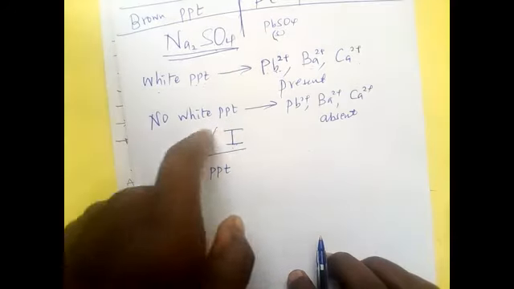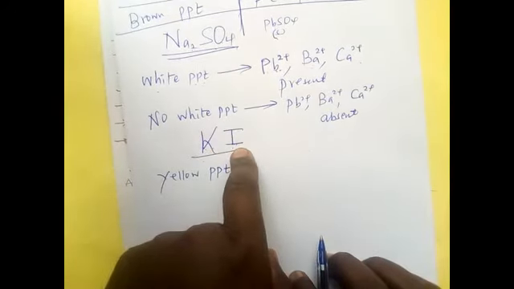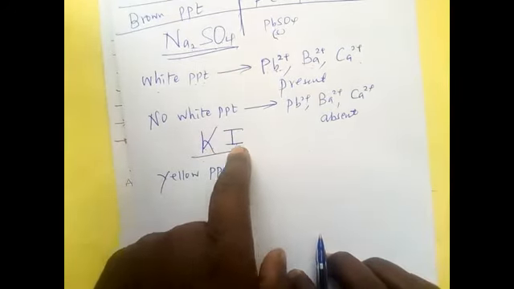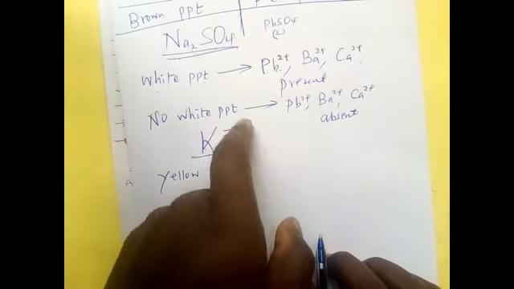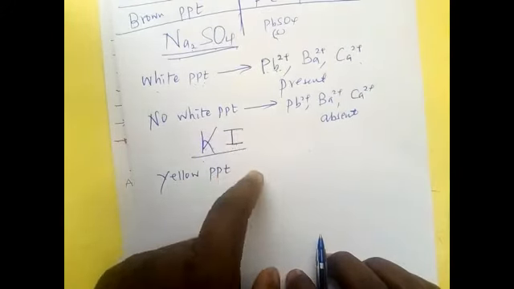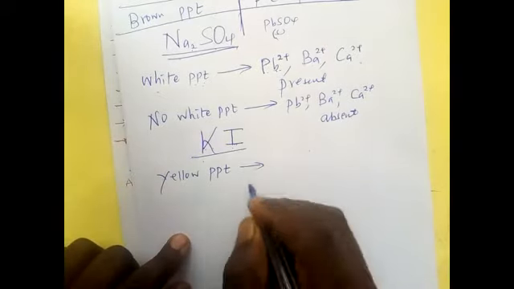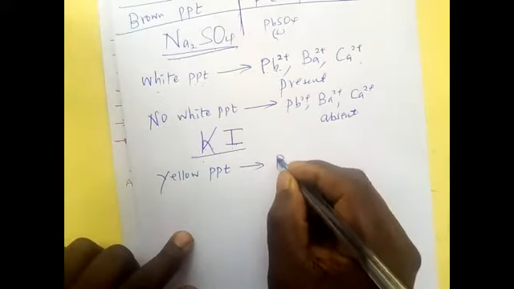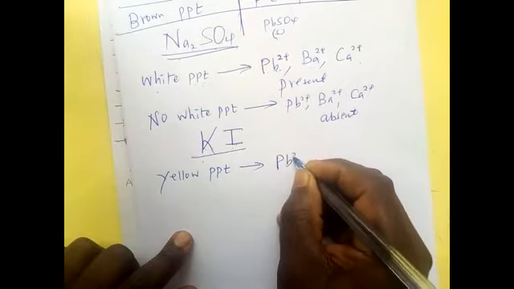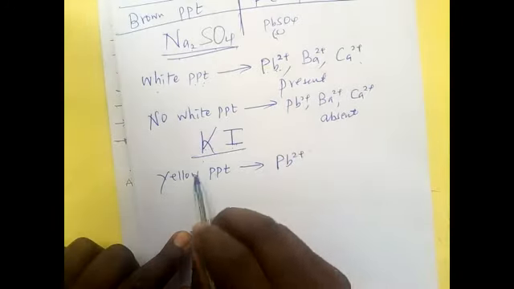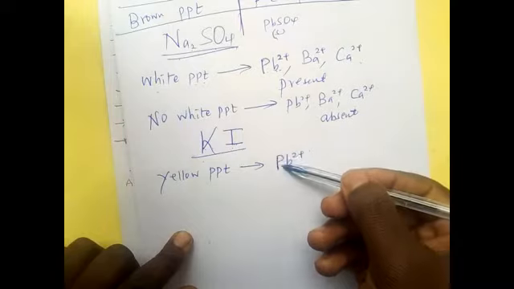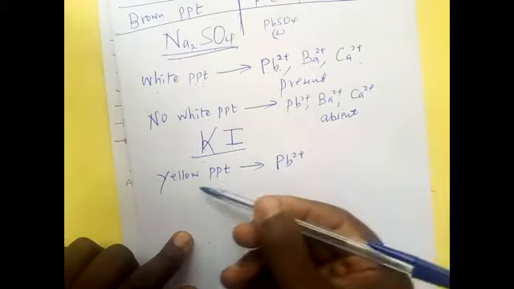So whenever you are adding potassium iodide, this is a halide, so you expect a yellow precipitate. This yellow precipitate is a precipitate of lead. If there was lead in that solution, it will form lead iodide. Lead iodide is yellow.